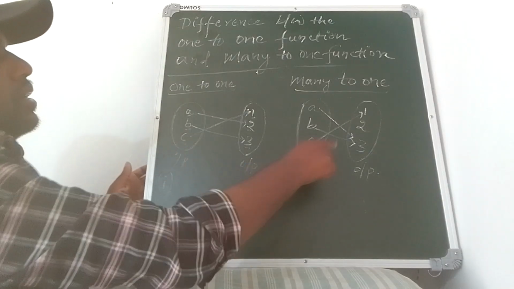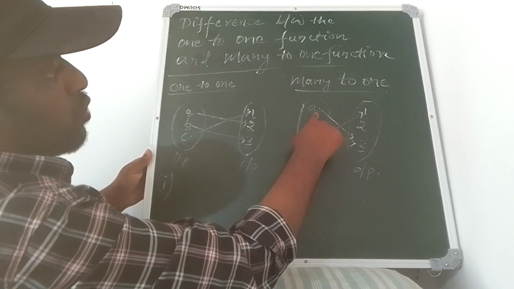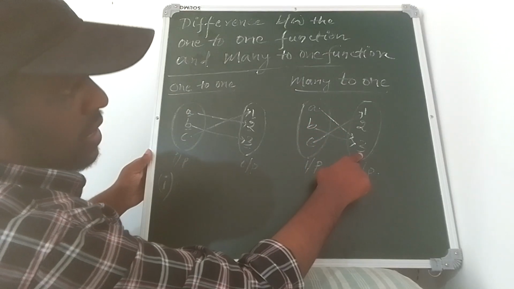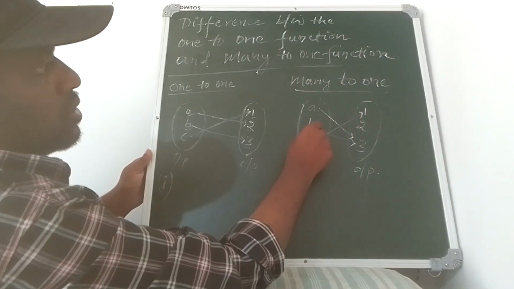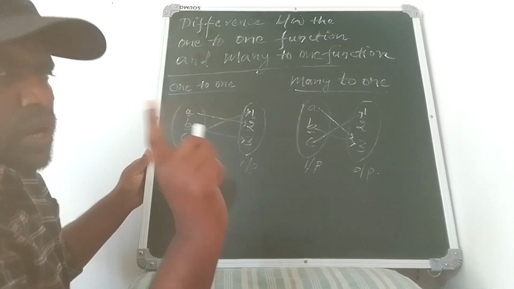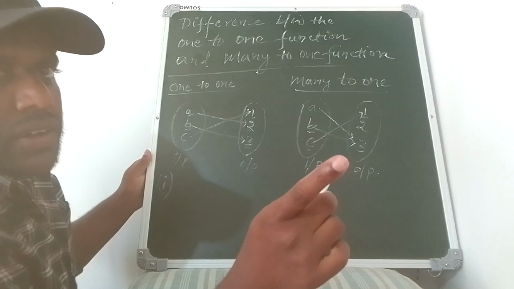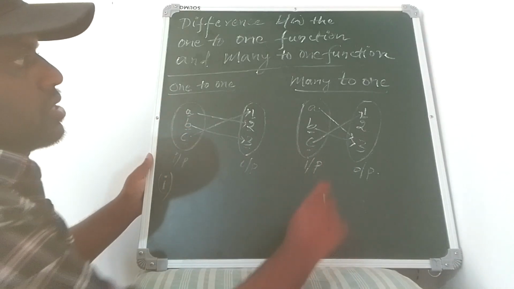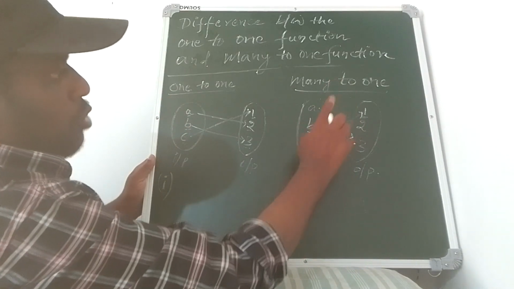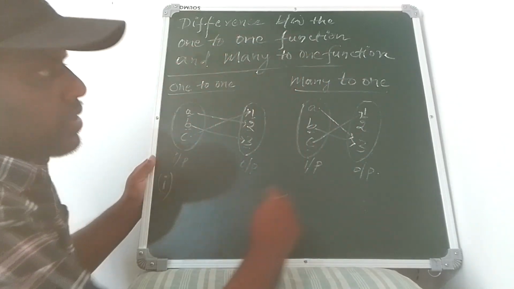Okay, now take this many-to-one function. For A, output is 3, one output. For B, output is 3, one output. For C, output is 1, one output. So A has one output, B also has one output, C also has one output.